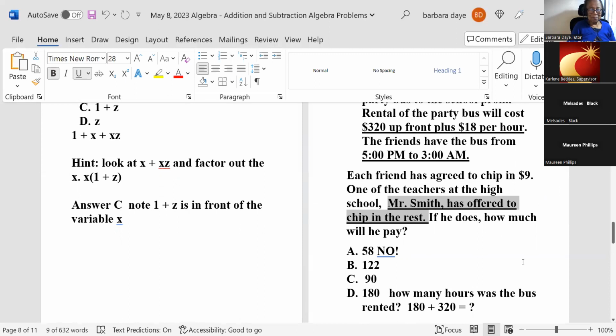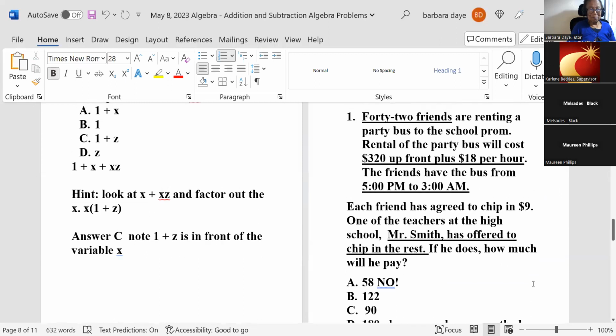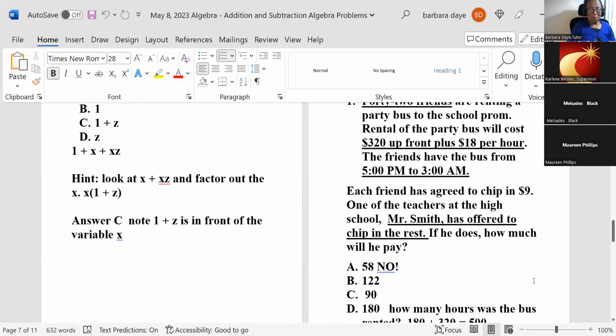You have to check. So 180 plus 320 is 500. How much does each student pay again? And divide that by 42?